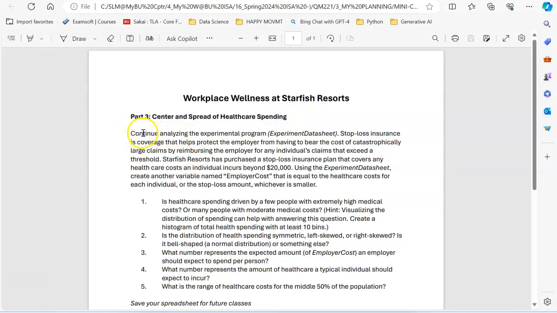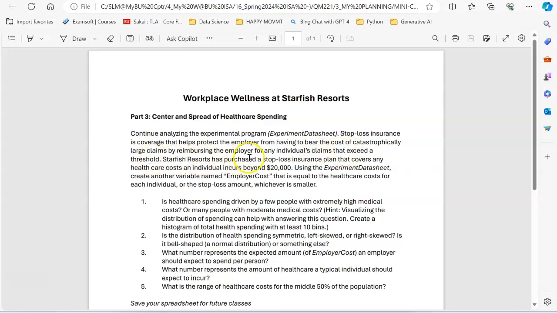So the question says, continue analyzing the experimental program, so the experiment data sheets. Stop loss insurance is coverage that helps protect the employer from having to bear the cost of catastrophically large claims by reimbursing the employer for any individual's claims that exceed a threshold.